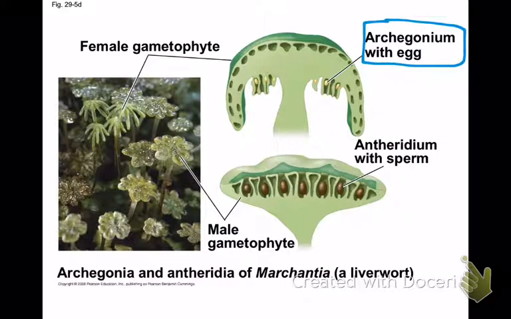And in the male gametophyte, you form antheridia with sperm cells. And you can see in the female, the archegonia are on the underside of the cap, whereas in the male, the antheridia are on the upper surface.